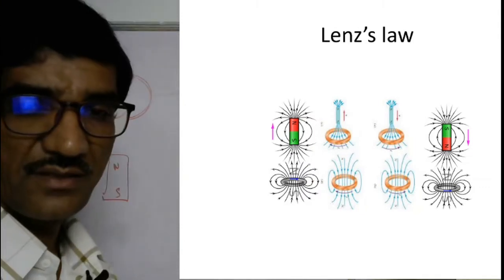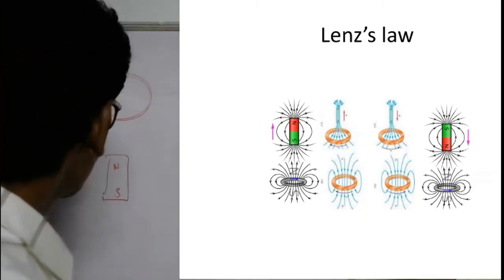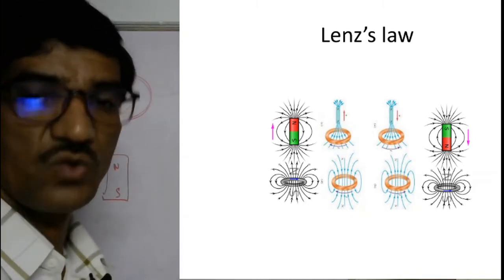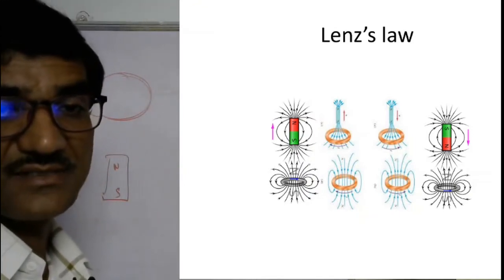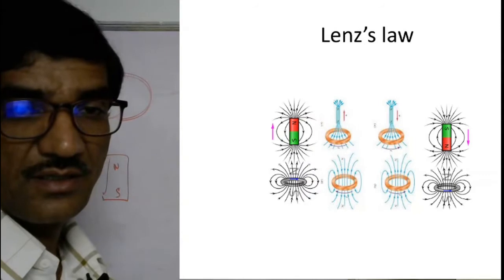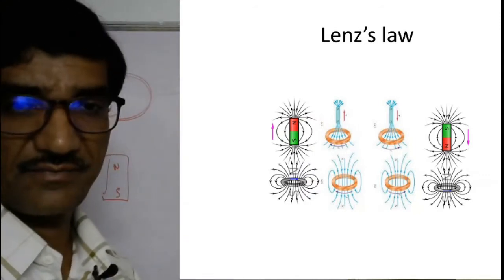Now you are not moving the magnet, you are fixing the magnet, but you are allowing the loop to move. Then what happens? Usually in the literature, this is called the jumping ring experiment. Otherwise, it floats in the air.